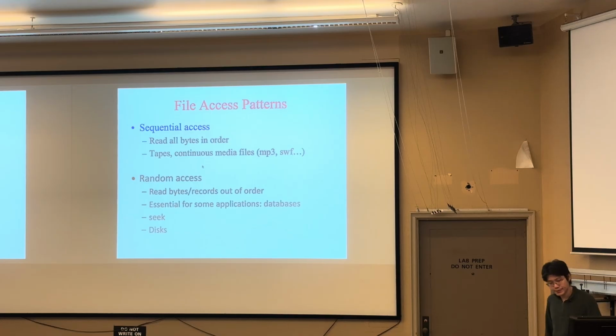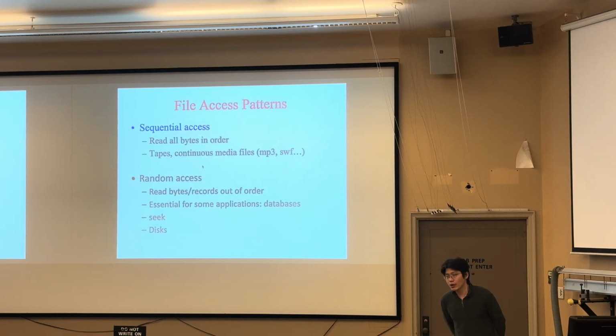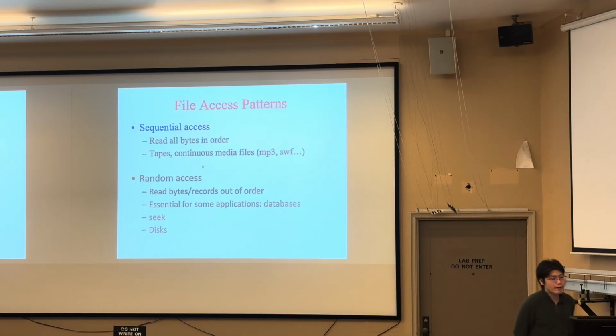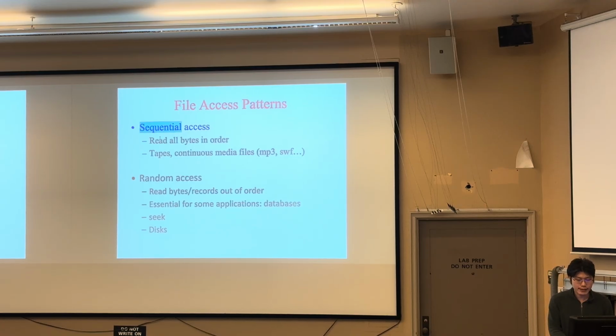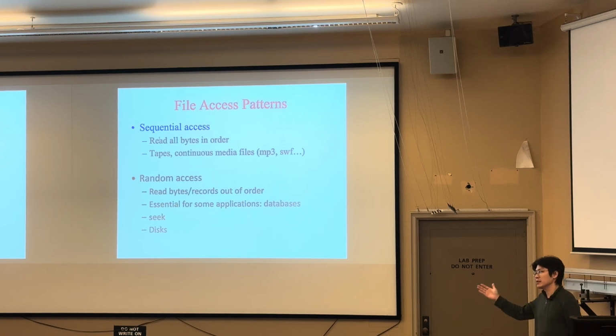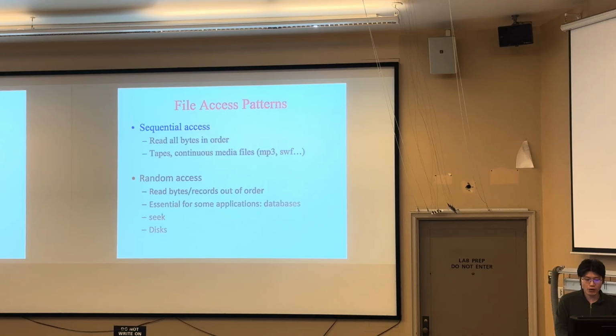Okay. So how do you use a file? There are mainly two patterns of file access. One is sequential access, which means that you read this file starting from the first byte until the end, reading all these bytes in order.